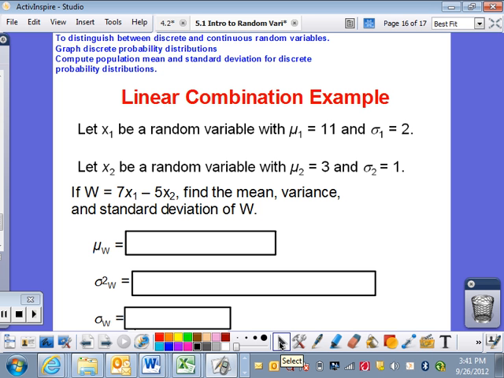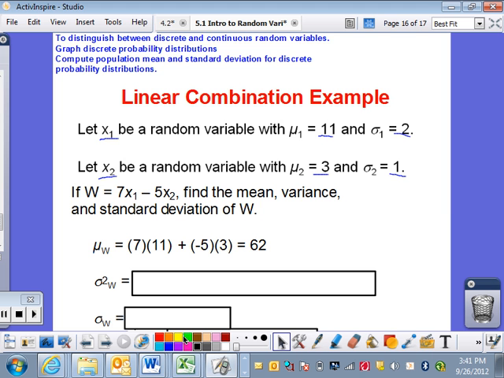The first variable, x1, has a mean of 11 and a standard deviation of 2. The other variable, whatever it happens to be, has a mean of 3 and a standard deviation of 1. How do you calculate the mu? All it says on your formula is A times x1.